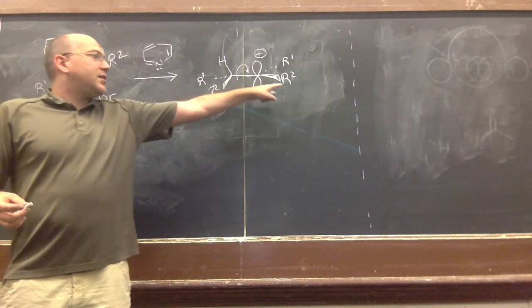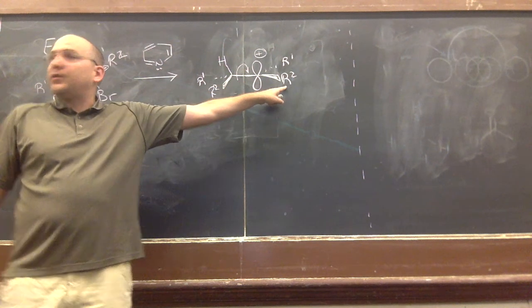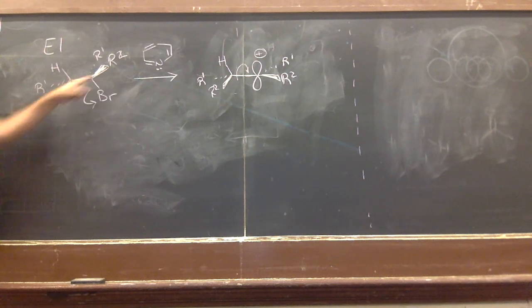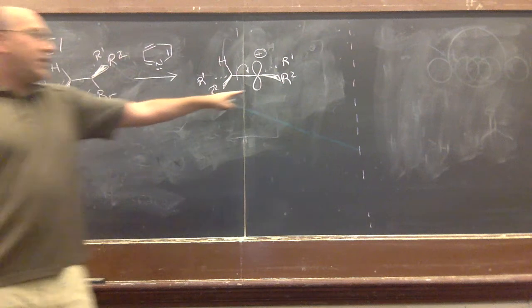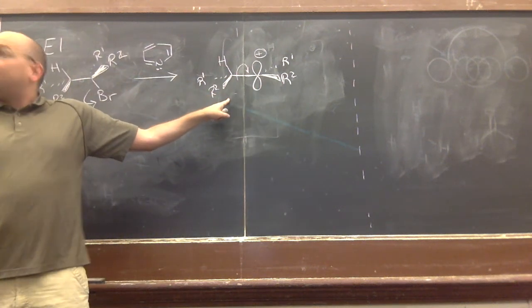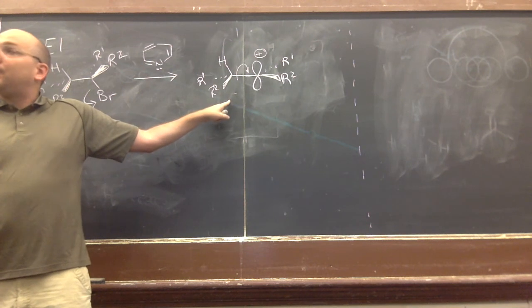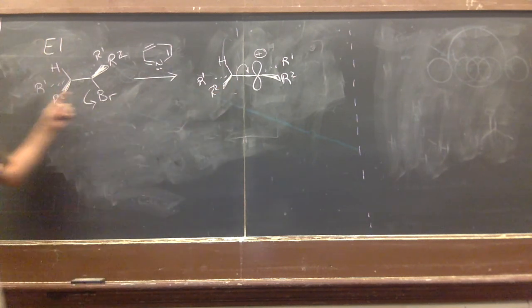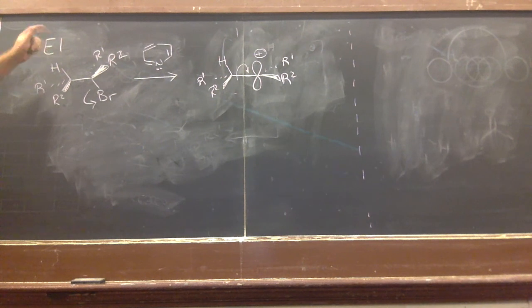Yeah, well, let me show you why it's important. I've got R2 here, I've got R2 here, they're on the same face of the board. It's important that we keep R2 and R2 on the same face of the board here. The thing is, we could have left the bromide at either position.